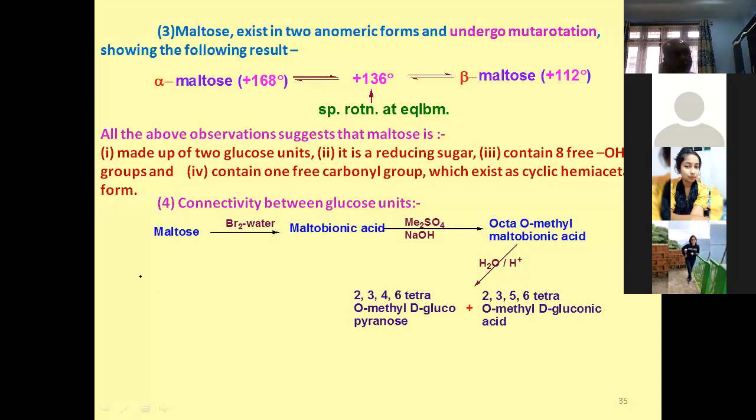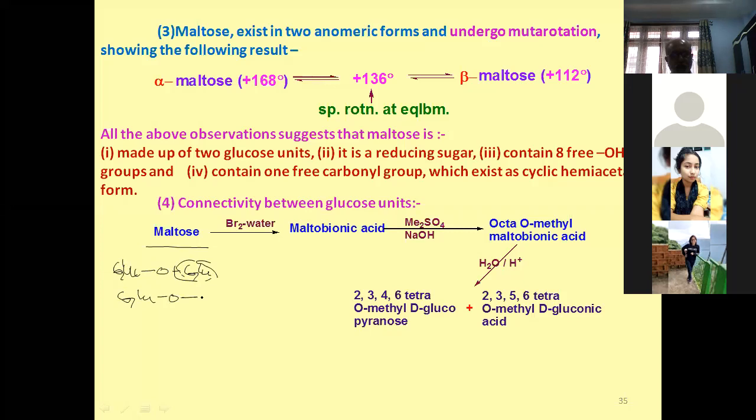Suppose this is maltose. Your maltose is formed from two glucose units. So this glucose is bonded to another glucose, the second glucose. But the second glucose has an aldehydic group, which got converted into an acid.